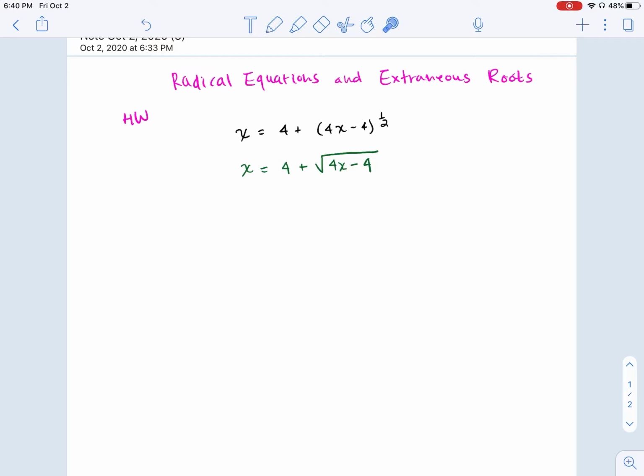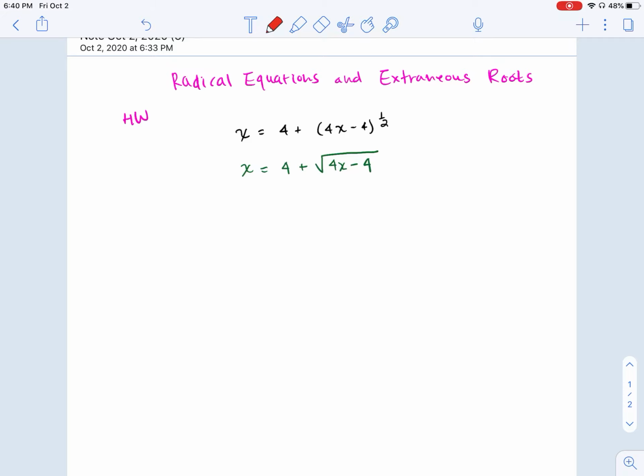So if I want to remove this square root, I do eventually want to raise it to the power of 2, but I don't want to do it right now, because you'll notice that it also gets this 4, but I only want everything inside the square root.